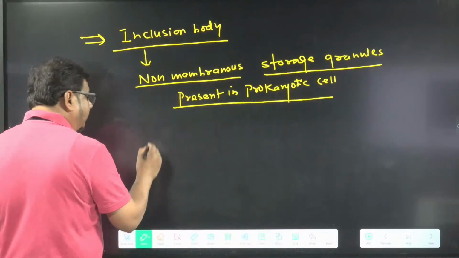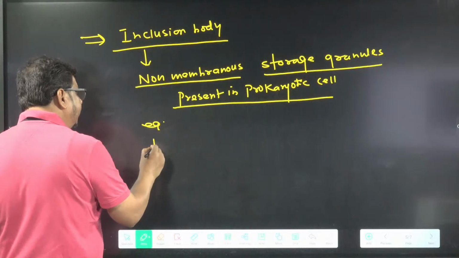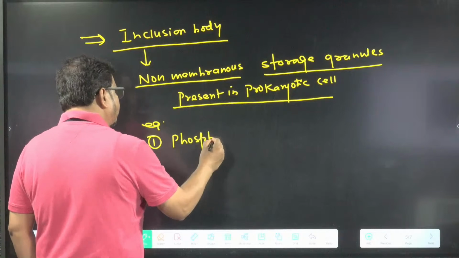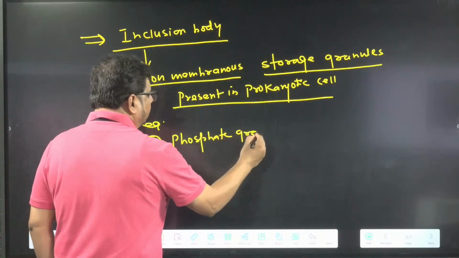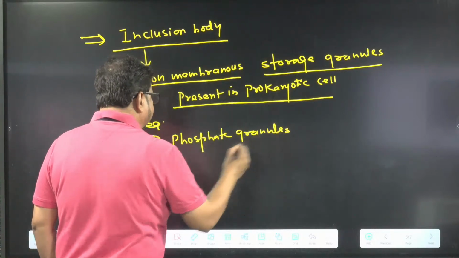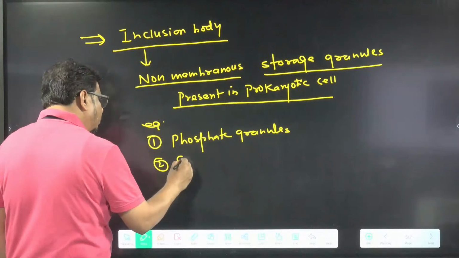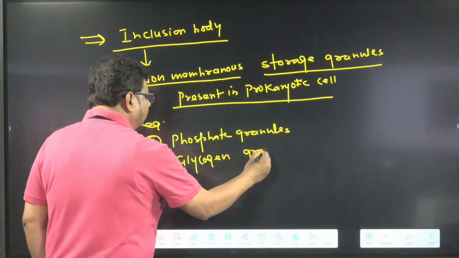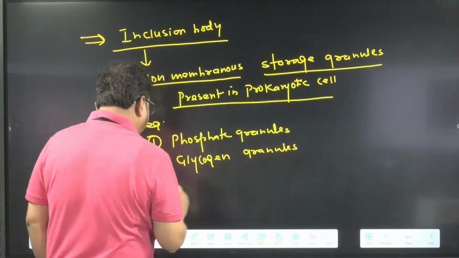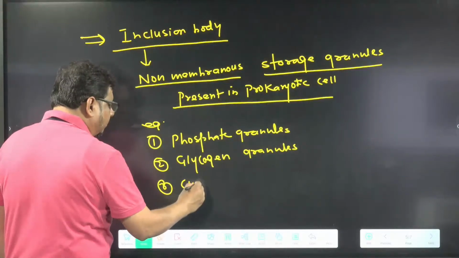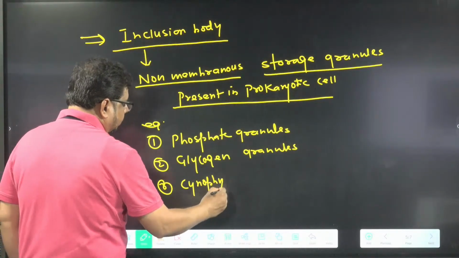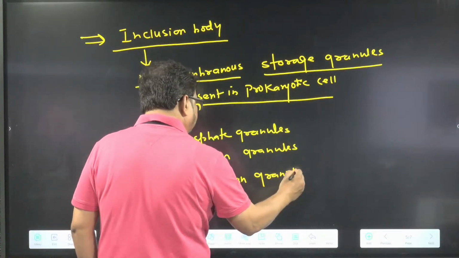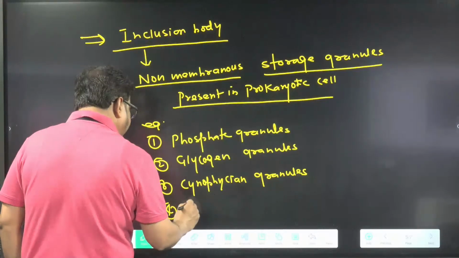And I am writing some examples of the inclusion body. First example, phosphate granule. Second example, glycogen granule. Third, cyanophycean granules. And fourth, gas vacuole.